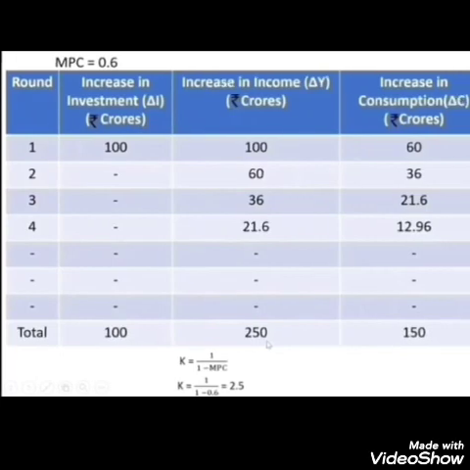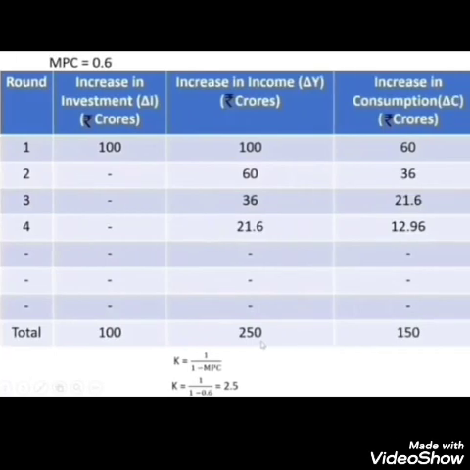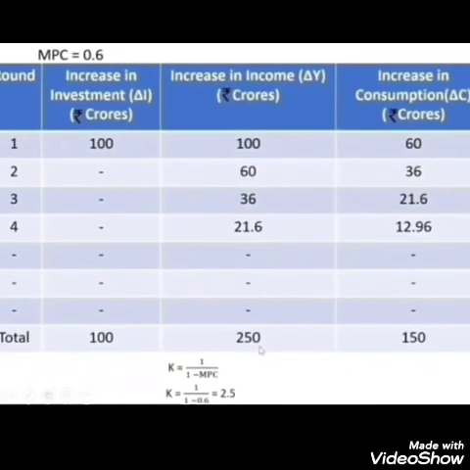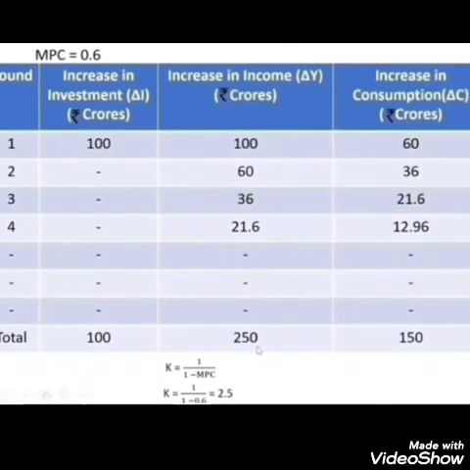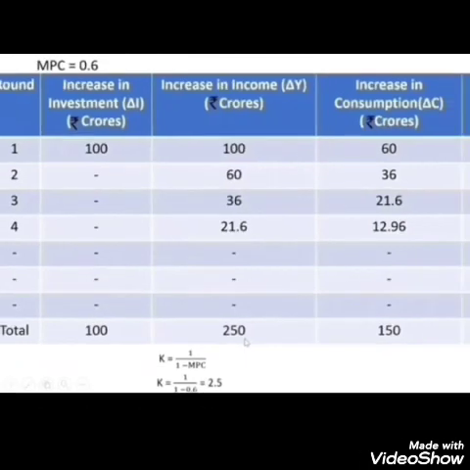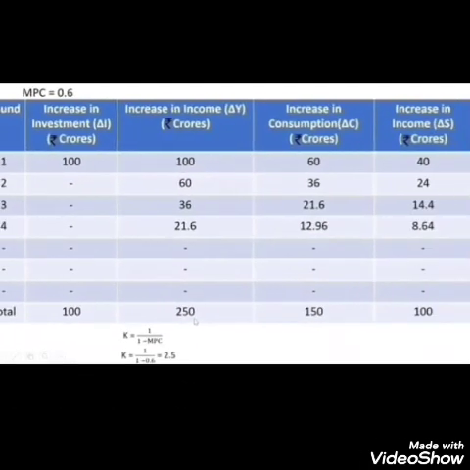Now in the fourth case, the consumption of the previous case, that means 21.6, was the income for the fourth party. So we can consume 60% of 21.6, that means 12.96, and the remaining 8.64 will be the saving amount.